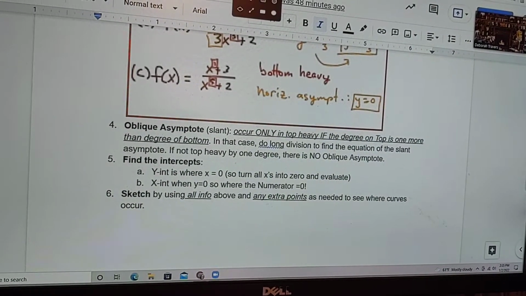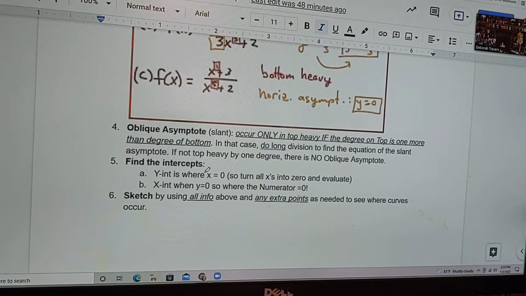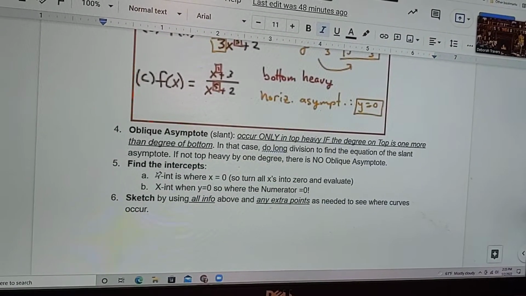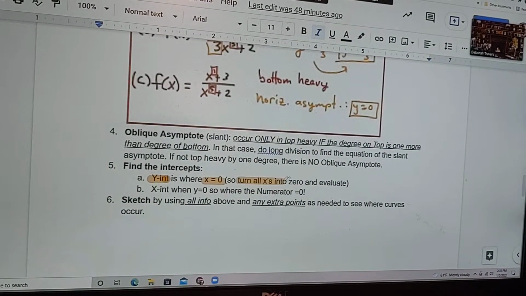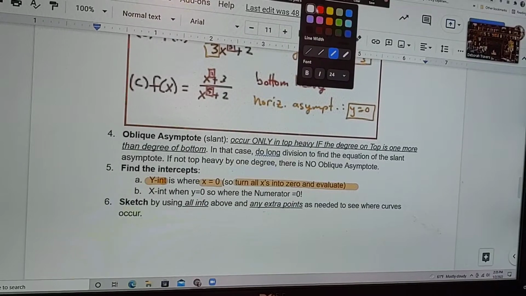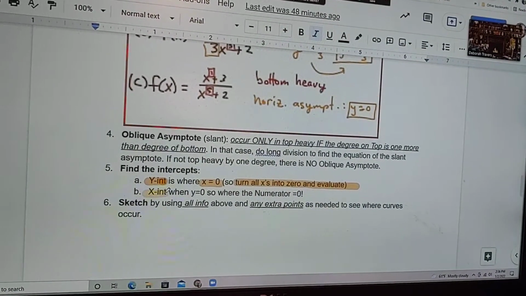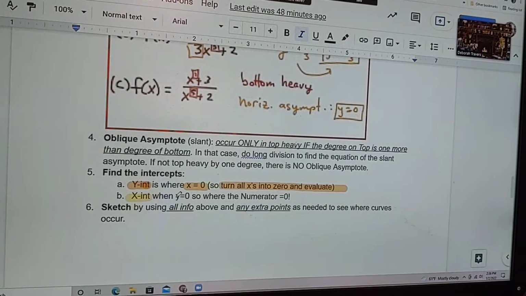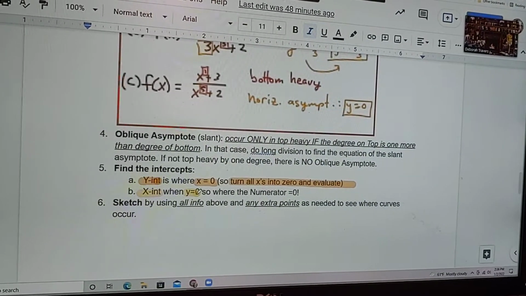All right, final 2 steps. First one, find both intercepts. To find the y-intercept, that's where x equals 0. Turn all x's into 0 and evaluate, just like we did before. To find the x-intercept, I actually find this one kind of interesting because you turn the y equal to 0, which would be like the whole left side of the equation, essentially.